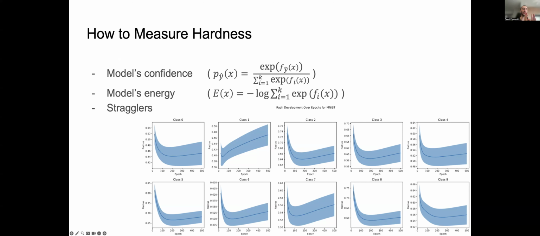The first stage is about learning easy samples, the second about learning hard samples. In the first stage, the class submanifolds get further and further away from each other, and their radii become smaller and smaller. In the second stage, the opposite happens. The data samples that are misclassified at this inversion point, where this shifts, would be defined as hard samples.